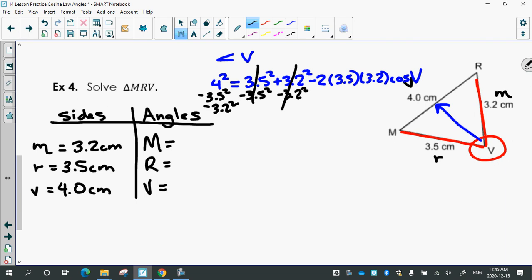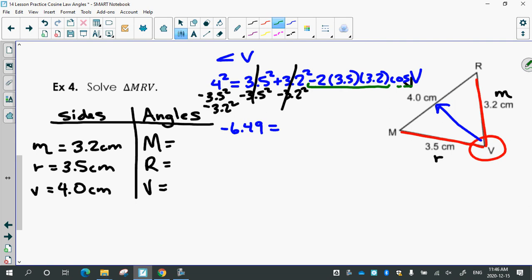So 4 squared minus 3.5 squared minus 3.2 squared, which is negative 6.49. Then you remember to multiply the 3 numbers in front of that are multiplying cos B together.